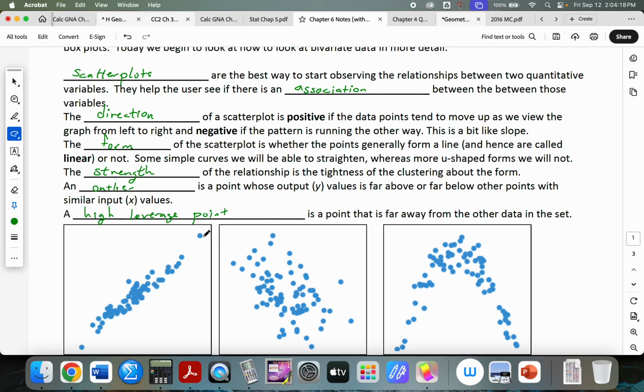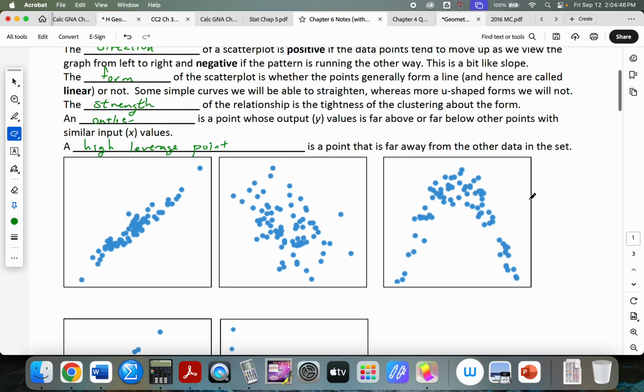A little change in that one, because of how far it is away from everything else, tends to change the equation we get for the line of best fit. Because it's a long way away, any little change tends to change it a bunch. If you change one of these a little bit, it's in there in the herd. It doesn't really matter a whole lot.